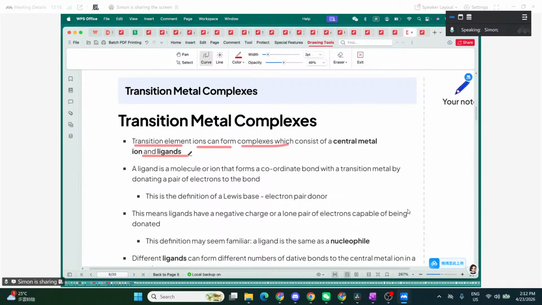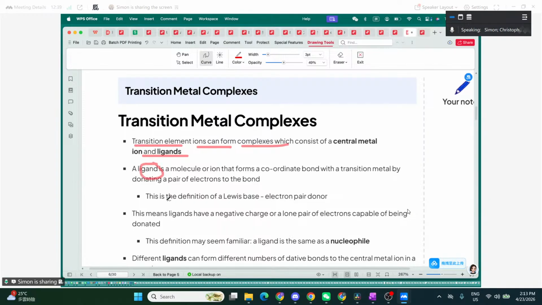With the transition metal, the ligand is donating a pair of electrons to the bond, right? Here's the process of donating a pair of electrons, like an electron pair donor. So that we call a ligand.